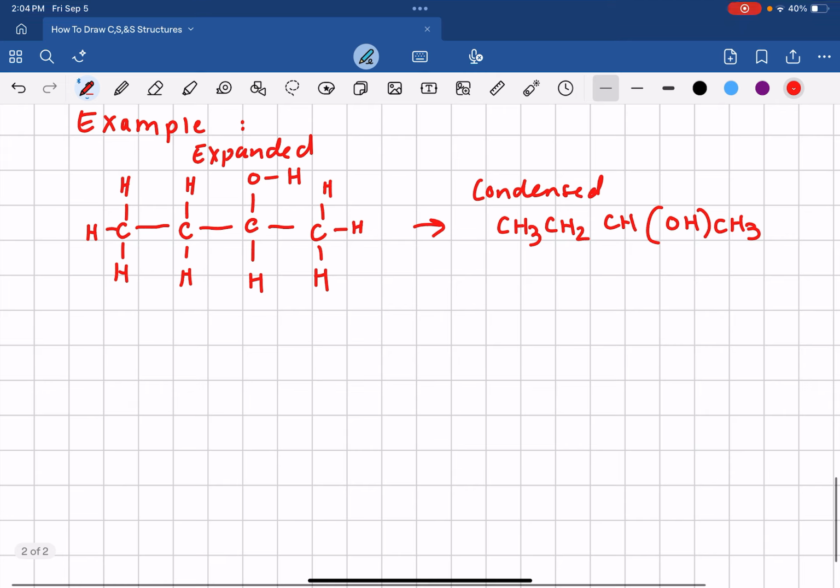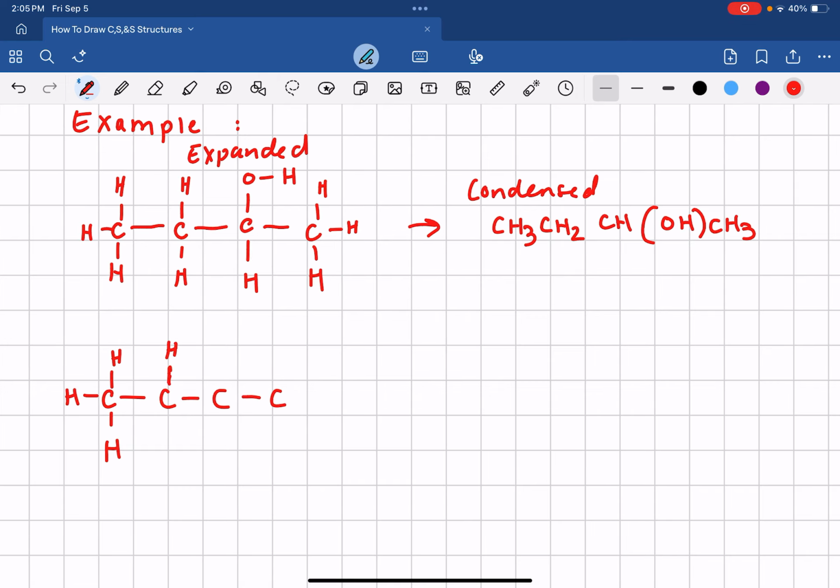If this structure here, let's say I have a CH3, I'm also drawing again the expanded structure, had the same CH2s. If you notice here, they're all the same. And let's go ahead and continue. COH, HCH3.